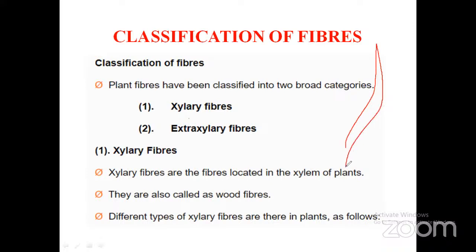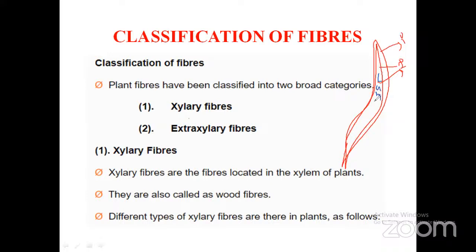So this is an elongated structure, actually more narrow than this diagram. For our clear understanding, I have drawn it like this. The lumen is also very narrow. Primary wall, secondary wall, primary wall, secondary wall, and the center is very narrow, that is called the lumen.